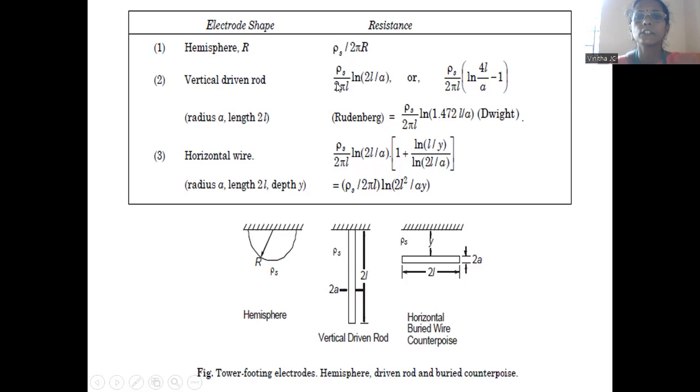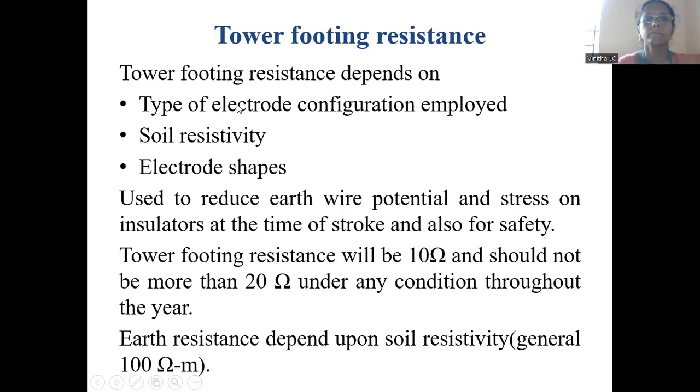For the vertical driven rod, it is rho s divided by 2 pi L into ln of 2L by A. And for the horizontal wire, the formula is rho s divided by 2 pi L into ln of 2L divided by A into 1 plus ln of L by Y divided by ln of 2L by A. Here the various shapes are given: hemisphere, vertical driven rod, as well as horizontal buried wire, which is otherwise called counterpoise wires.